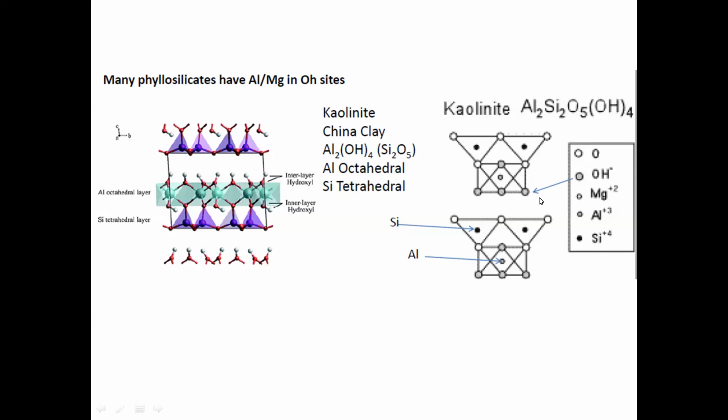Now you can see this structure is more simplified. Okay, so you can see on the top the tetrahedra made of oxygens, and the black dots are basically silicon. Similarly, you can see this aluminum which is in an octahedral hole, because you can see 1, 2, 3, 4, 5, 6 oxygen atoms.